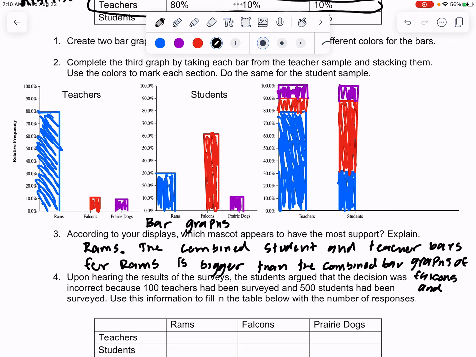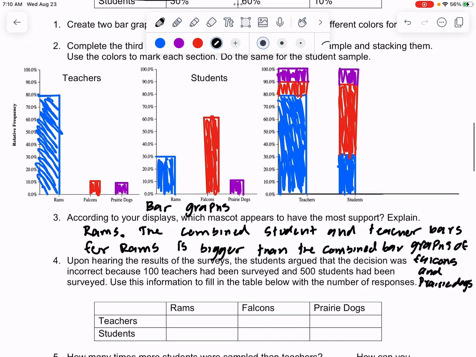Prairie Dogs. Okay, so essentially if you imagine stacking the colors on top of each other and comparing, blue would be the highest, and blue represents Rams.